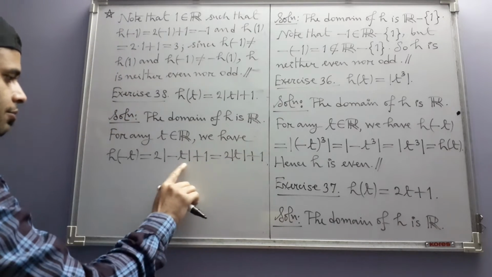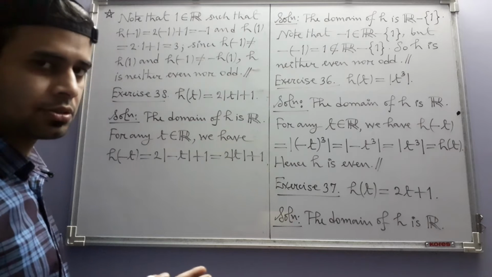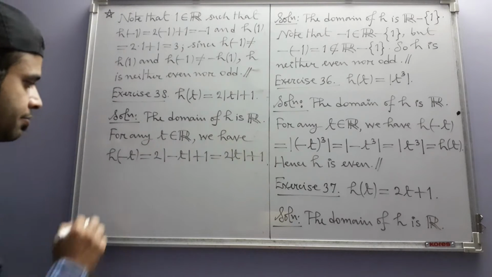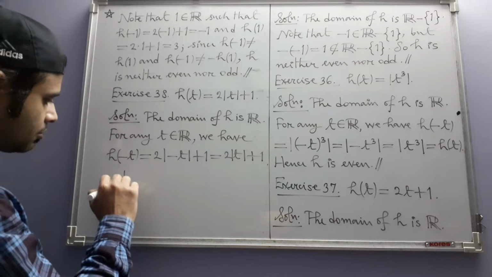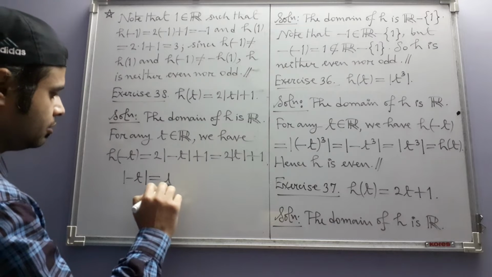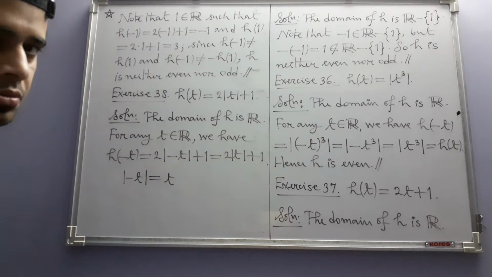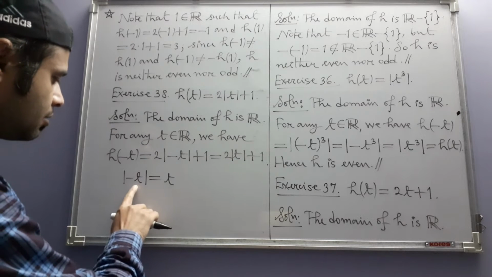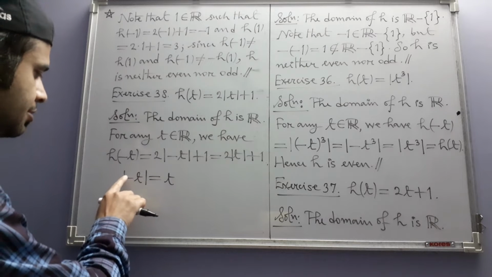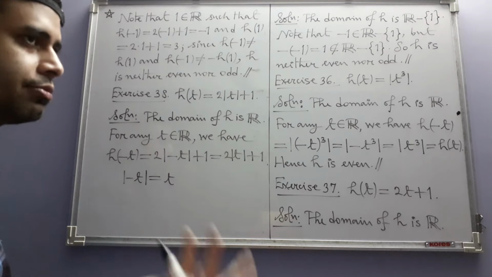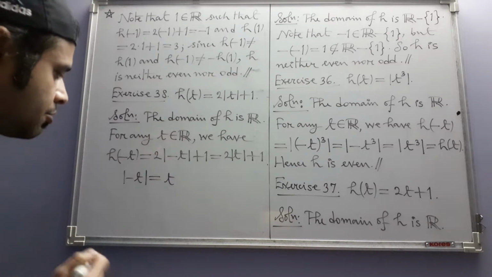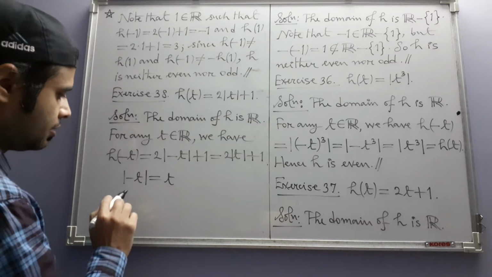Don't make the mistake of writing this equal to 2t plus 1. If you forget to put the absolute value, then that's a mistake. This is not equal to t. This is not always true. Some people will make this mistake. They will think that since there is minus, we have removed the minus, so it will be t. No, that is not the case.